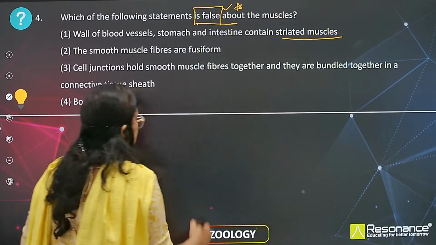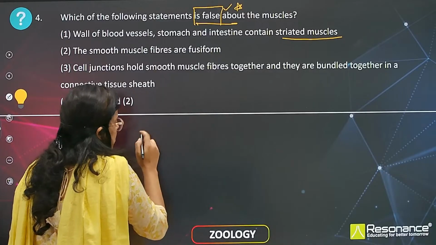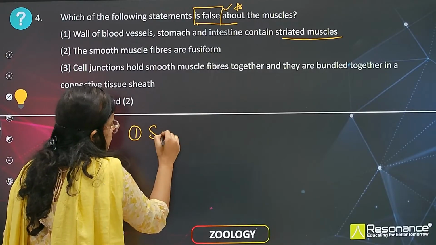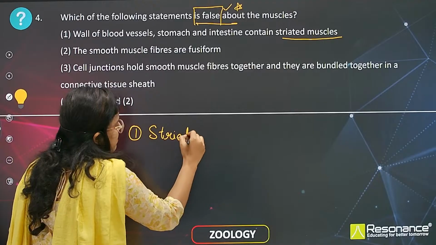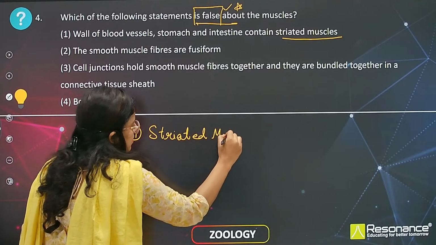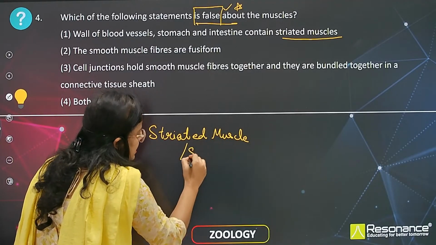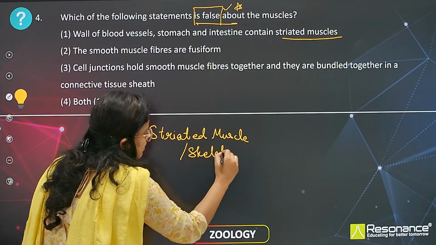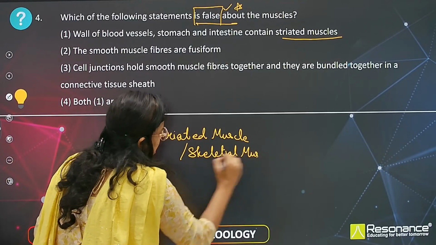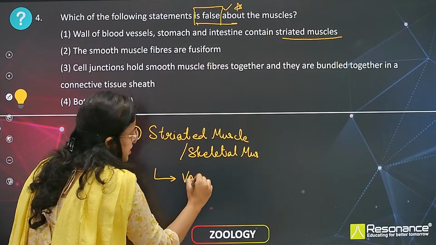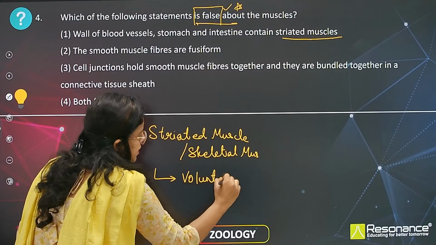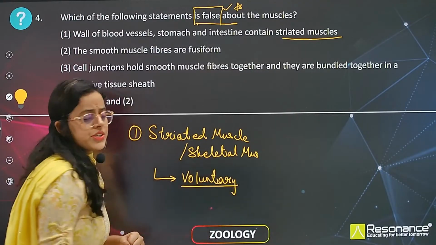So as I have already classified smooth muscles and striated muscles, striated muscles are also called skeletal muscles and they have voluntary action. We have discussed this.